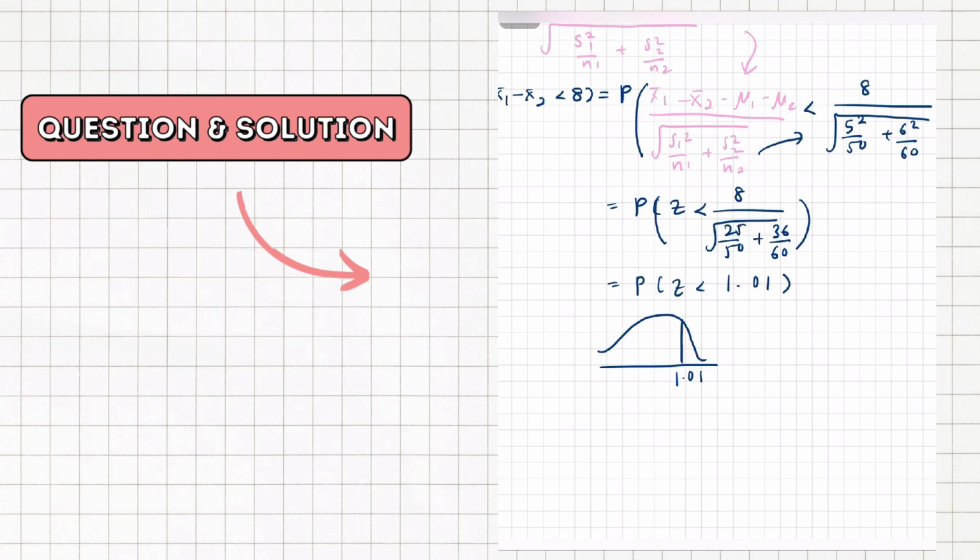So the value for the table is for this area, 0.1562. However, for this question, we want less than that. So this will be the area. Therefore, it will be 1 minus 0.1562. So the answer will be 0.8438.